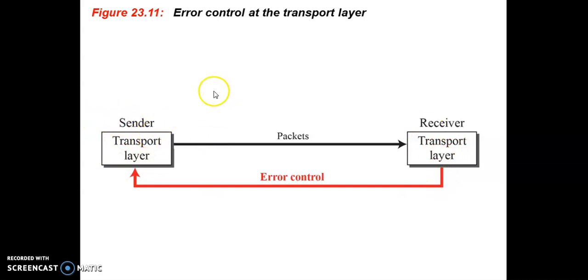Error control is responsible for 4 things. First, discarding corrupted packets. Second, keeping track of lost and discarded packets and resending them. Third, recognizing duplicate packets and discarding them. Fourth, buffering out-of-order packets until the missing packets arrive. This is the error control at the transport layer.